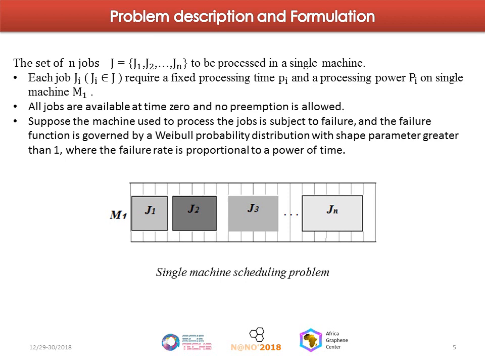When we make the initial scheduling plan, note that the PM plan and the production scheduling are interrelated with each other, since both of them have impacts on the machine reliability. So the job sequence and the position of PM operations should be determined simultaneously in the initial schedule.